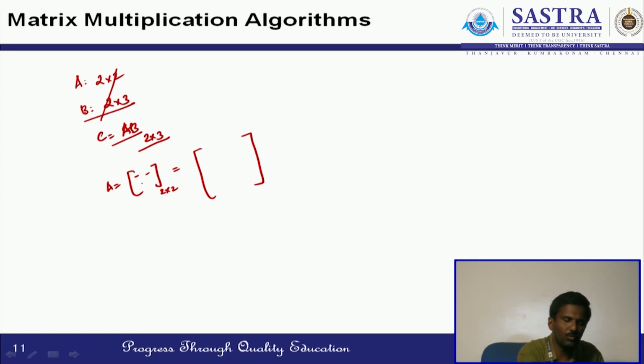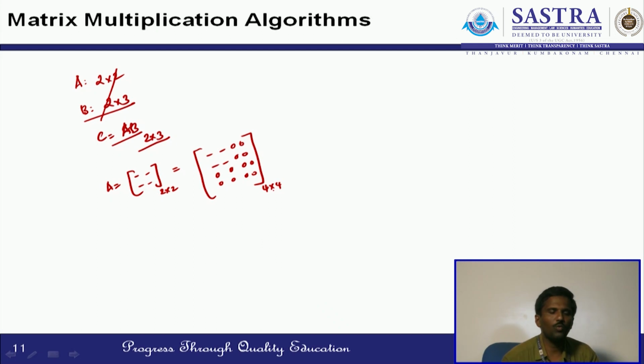Since it takes 2 rows and 2 columns, we need to add 2 more rows and 2 more columns with dummy entries like this, 0, 0, 0, 0, so that matrix A is converted to order 4 by 4.